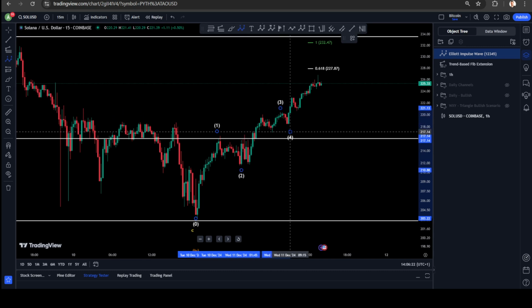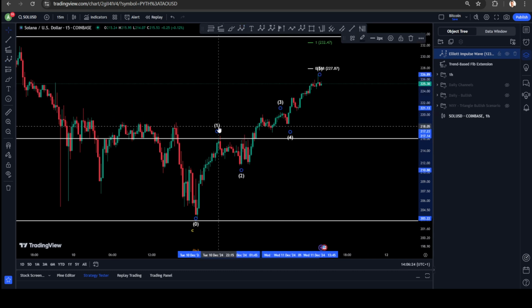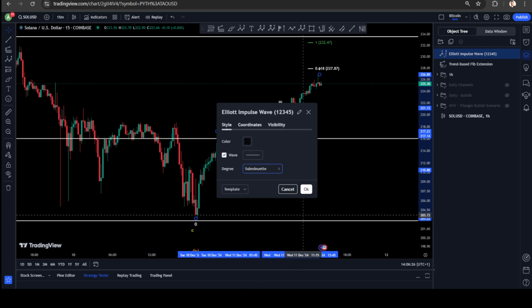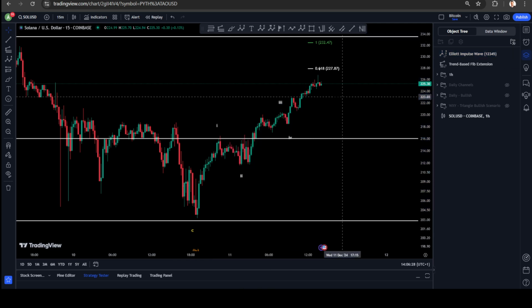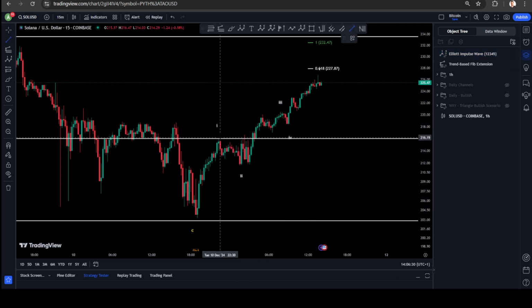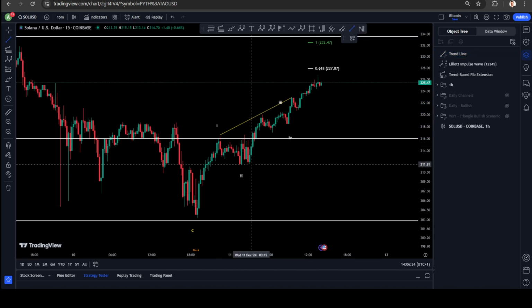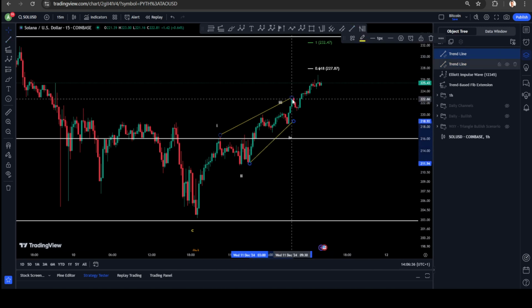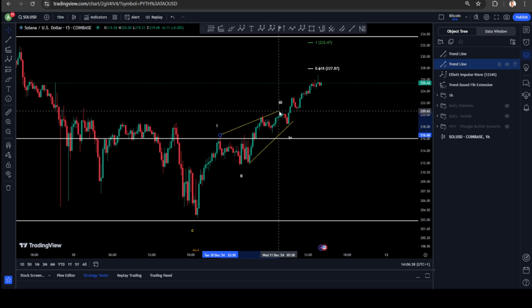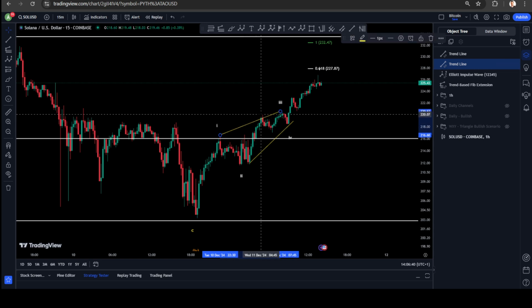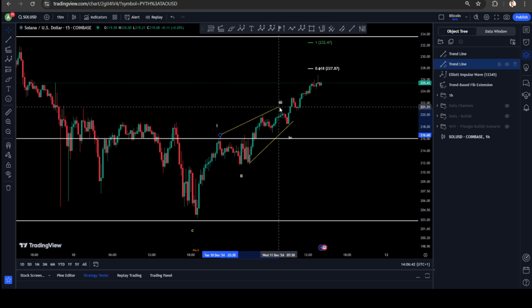Let's put this into a label so it would be much better. What we are looking at probably is a contracting diagonal like this, with the 2 and the 4, and this is your wave 3 here. Now this has overshot a little bit, but it's fine.